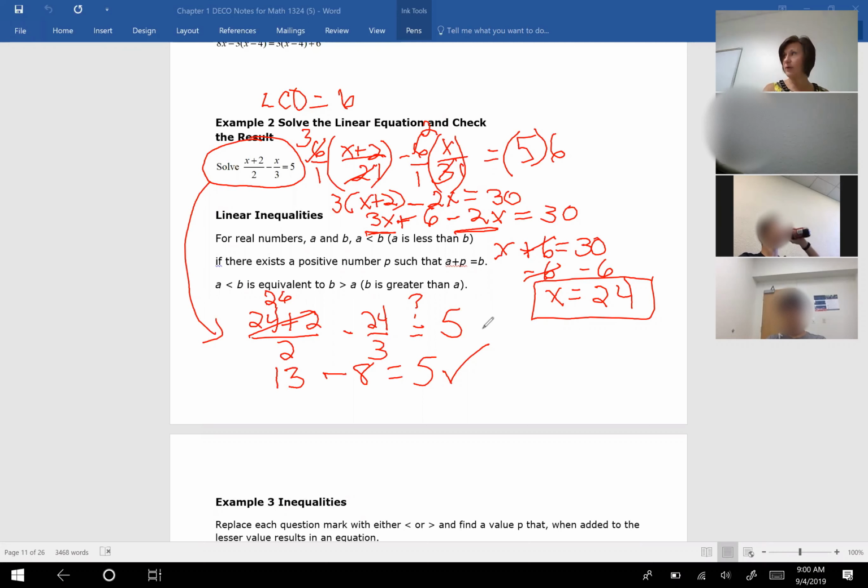You can always plug back in to verify, but there'll also be some things where you can just tell in the problem if your answer is reasonable. A lot of times on these formulas we're using in math for business, if you do that, you'll catch yourself before you put down answers that couldn't possibly be right. Okay, any questions up to this point, or are we good?